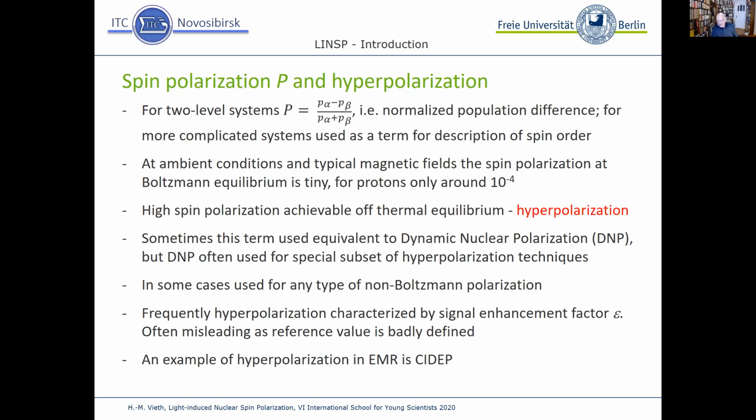Hyperpolarization, by the way, is not limited to nuclear magnetic resonance, but it's also used mainly for signal enhancement in electron magnetic resonance. The example is what's called CIDEP, chemically induced dynamic electron polarization.